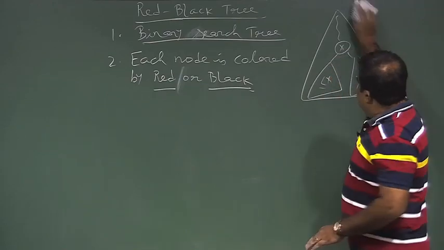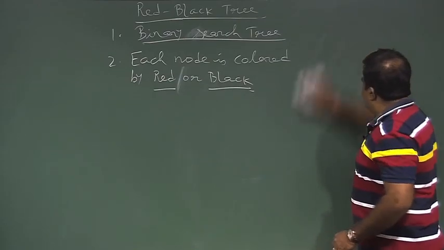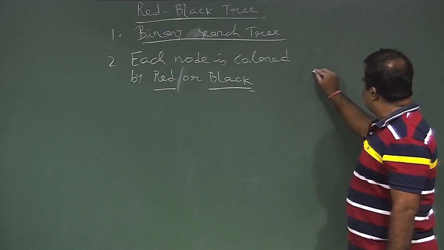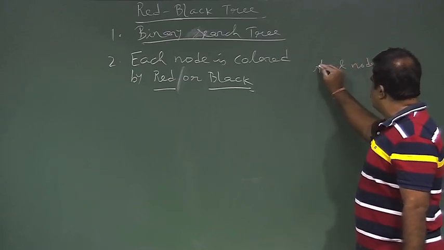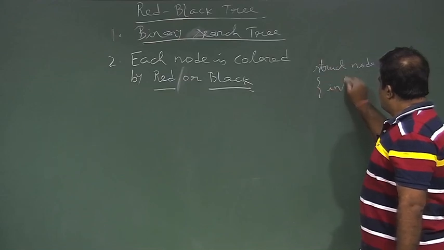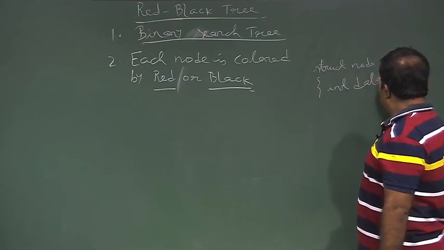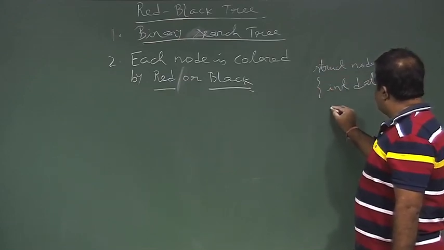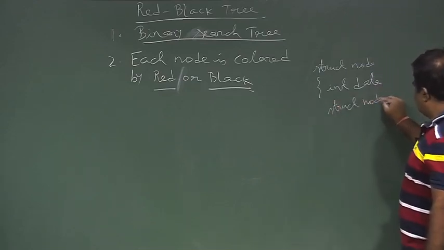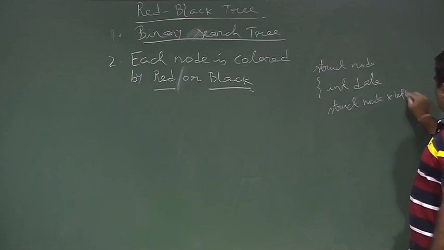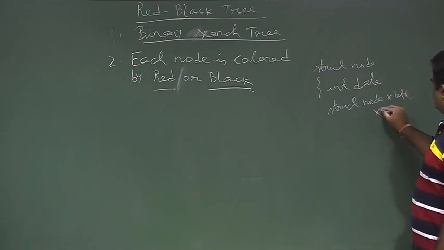If you want to implement this, usually for a tree we define the node like this: struct node, with data, a pointer for the left child, the right child, and maybe a pointer for the parent.